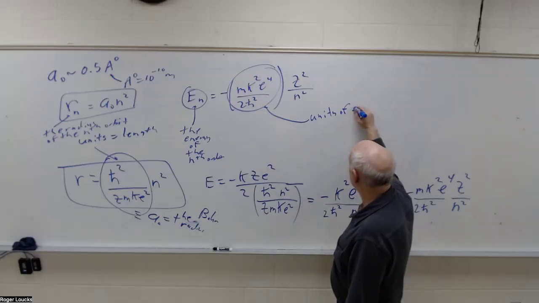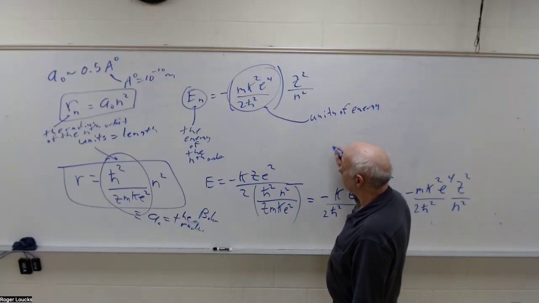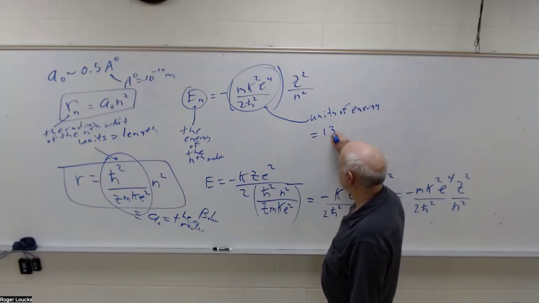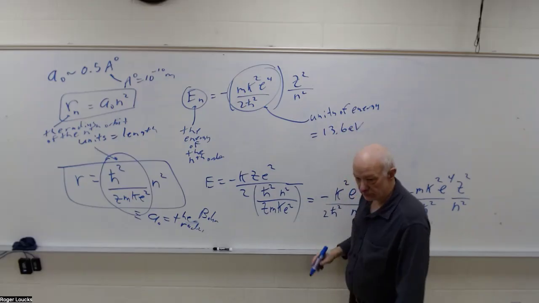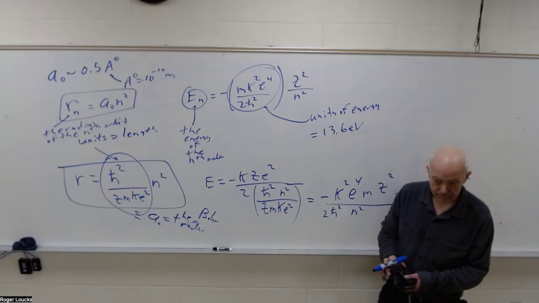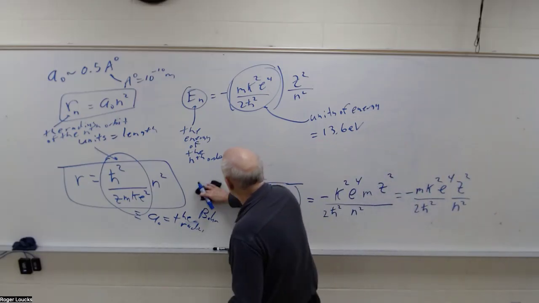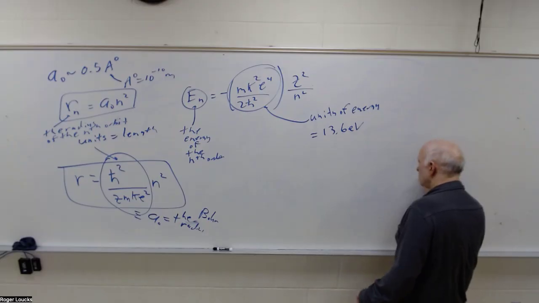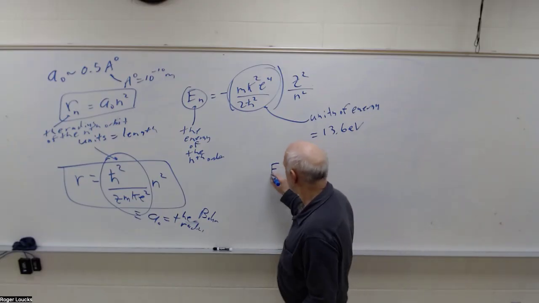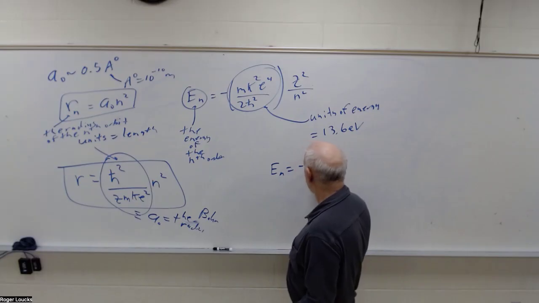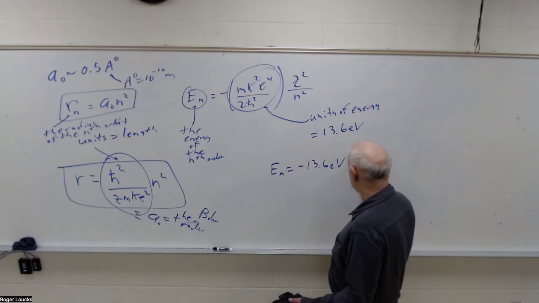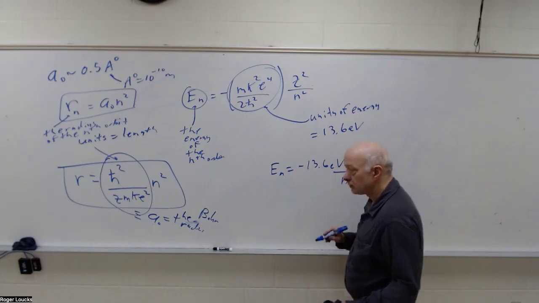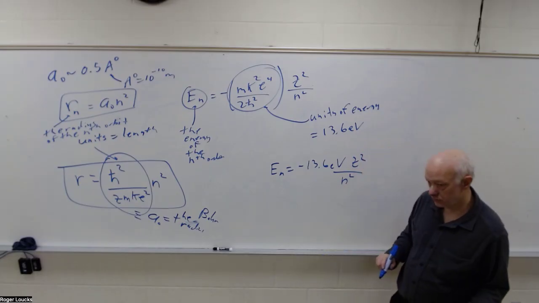You're going to work out this one here too. That constant here is going to be 13.6 electron volts. So what we're going to end up with is that the energy level is minus 13.6 eV Z squared over n squared.